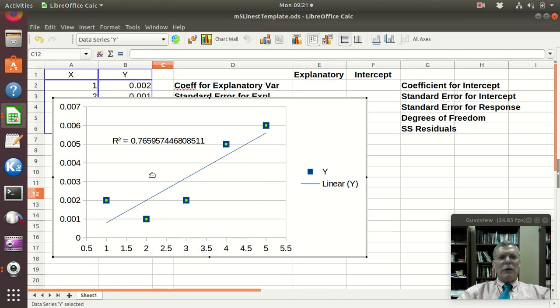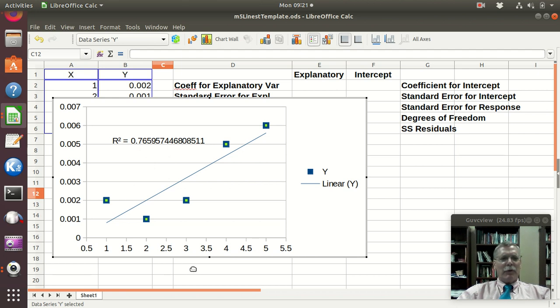And say OK. And we see that the R squared is 0.76, 0.77, somewhere in there, which says that of these data, the correlation coefficient would be the square root of that. And so the square root of that, what the heck would that be? 0.8 something, 0.85 or so.